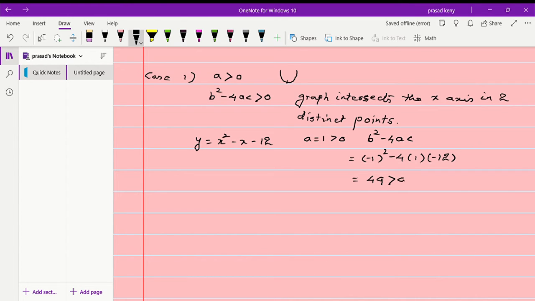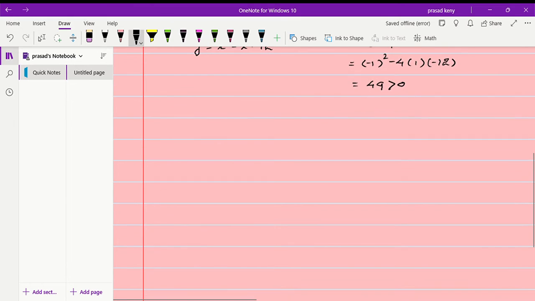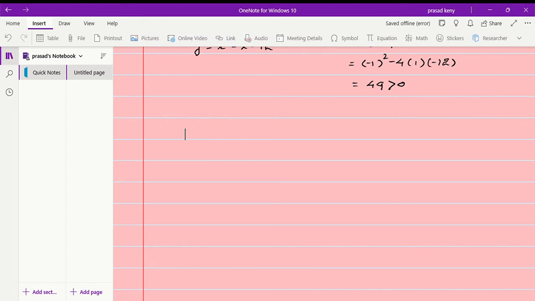So if you sketch the graph of this particular quadratic function, you will get a U opening upwards intersecting the x-axis in two different points. So let us just see the graph of this.